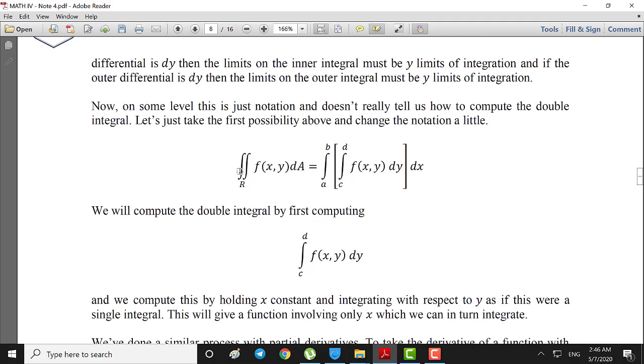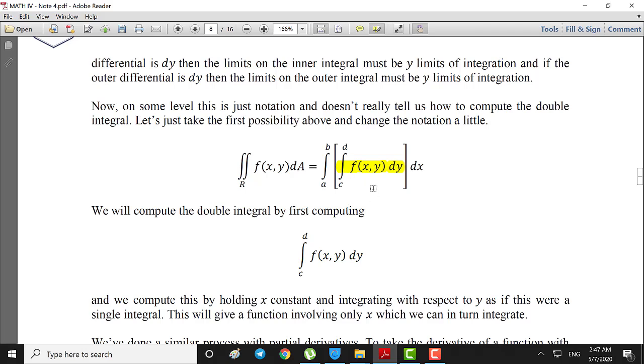Now, let me tell you again, the double integral of f of x and y over the region R, when R is a region in which x changes from a to b and y changes from c to d, is equal to the value of this iterated integral, and the iterated integral can be interpreted as the integration of an integration.